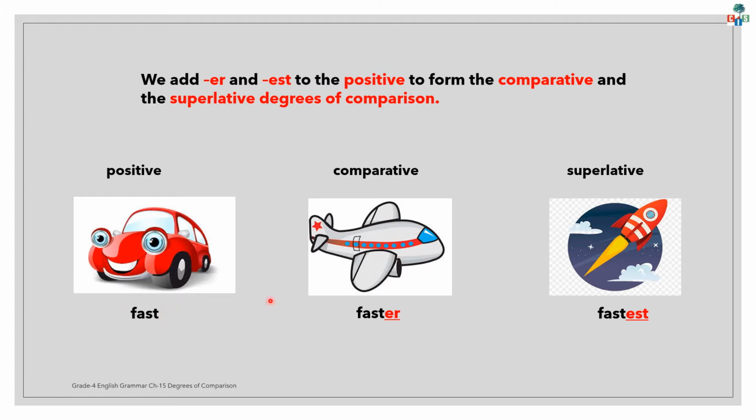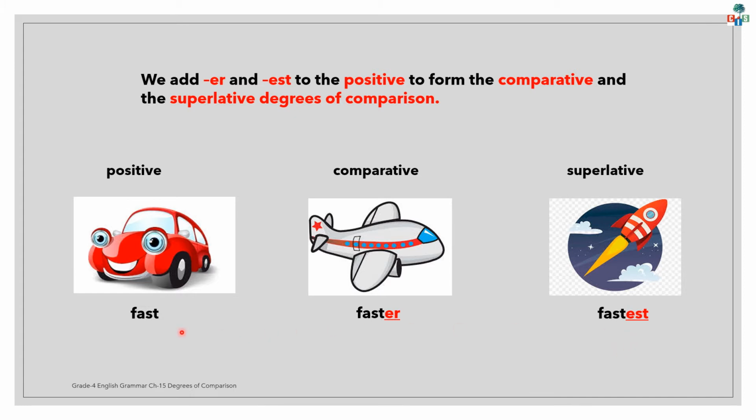And when you change it into comparative degree, it will be faster. Just add ER after this word to make the comparative degree. And when you want to change this adjective fast into the superlative degree, just add EST.